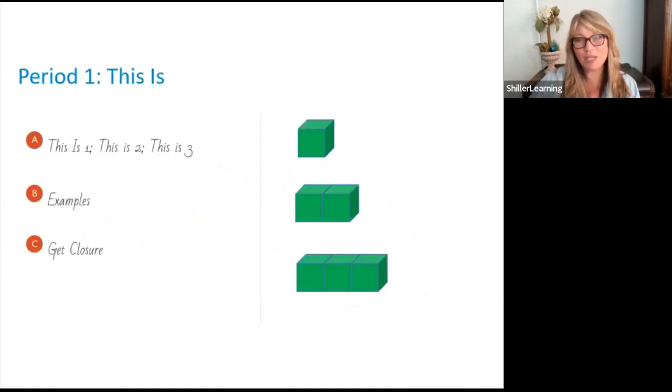So the first period, of course, is that naming period. And naming is the desired target of the lesson. In Montessori, generally, we limit introducing new objects to 3 or 4 at a time. 3 is really the most common.